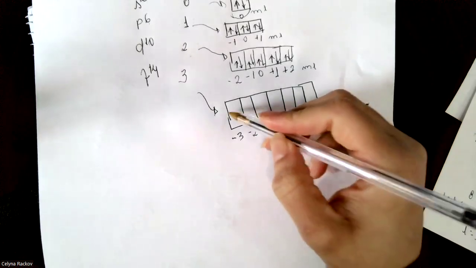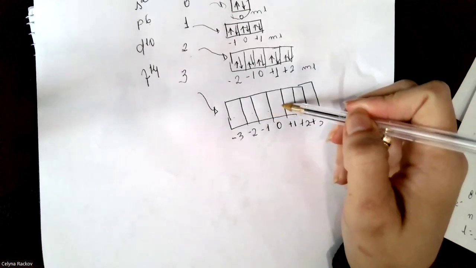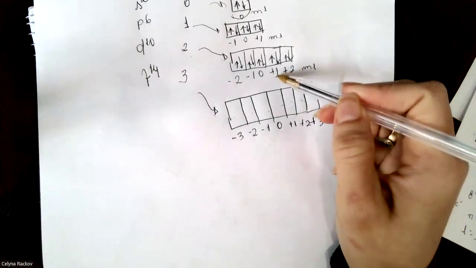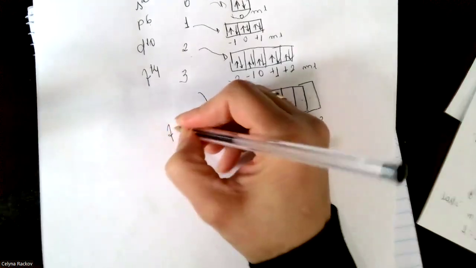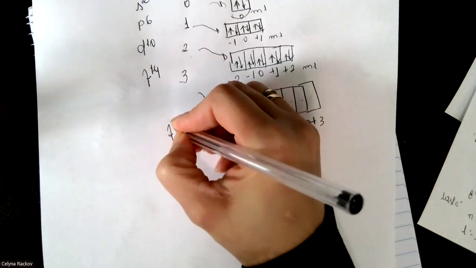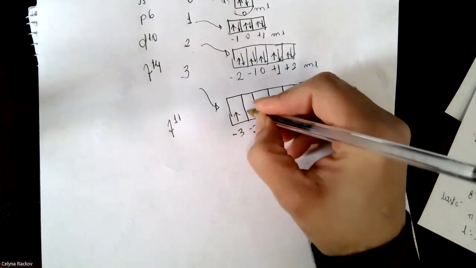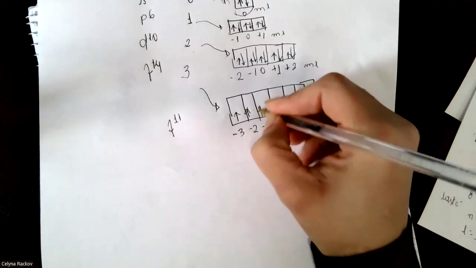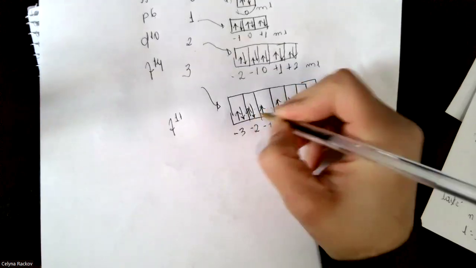And the electrons will be distributed first up, up, up, up, up, up, up, and then we continue. For example, if you needed to do F11, how is it going to be? Okay, let's count it here. 1, 2, 3, 4, 5, 6, 7, 8, 9, 10, 11.